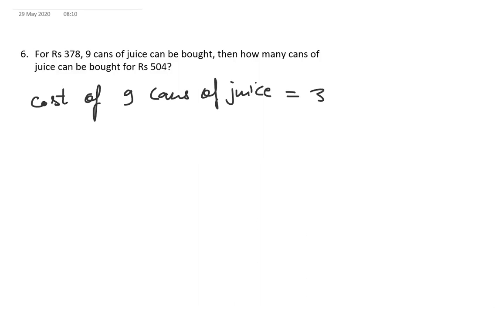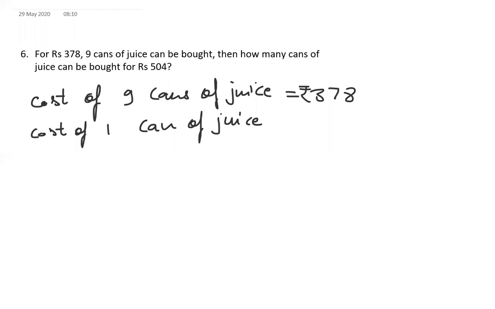Next question. For rupees 378, 9 cans of juice can be bought. So simply we can say that the cost of 9 cans of juice is equal to 378 rupees. Now find the cost of 1 can of juice.